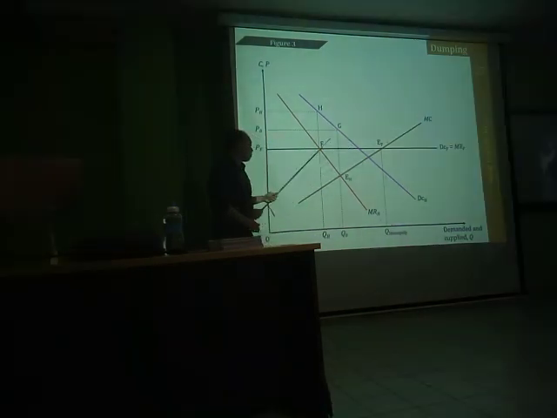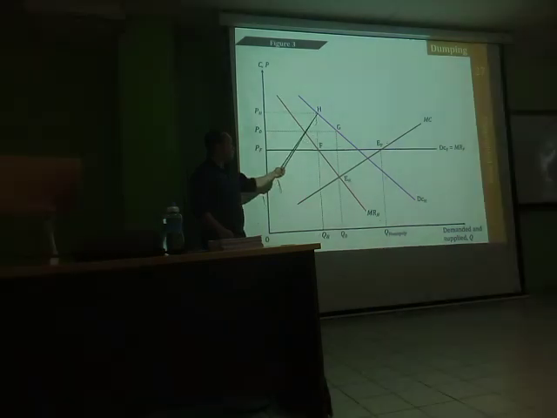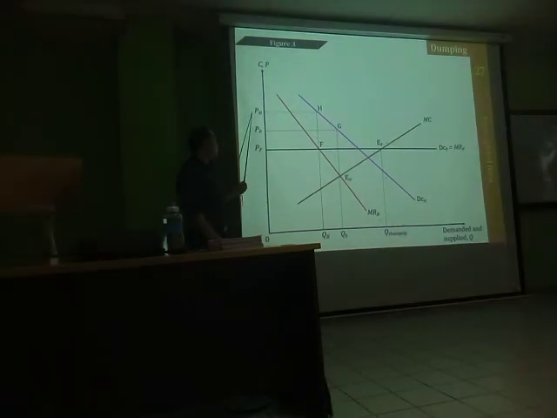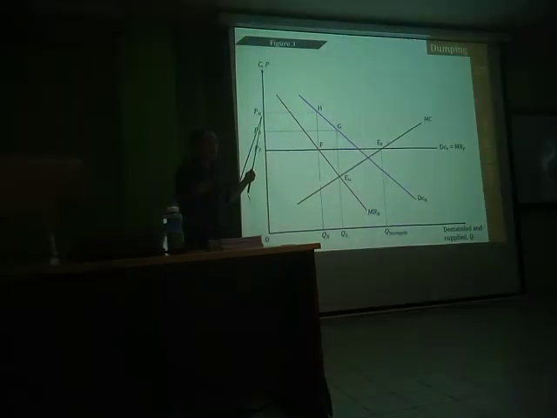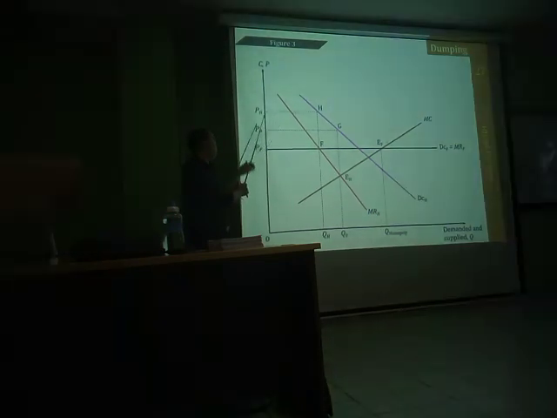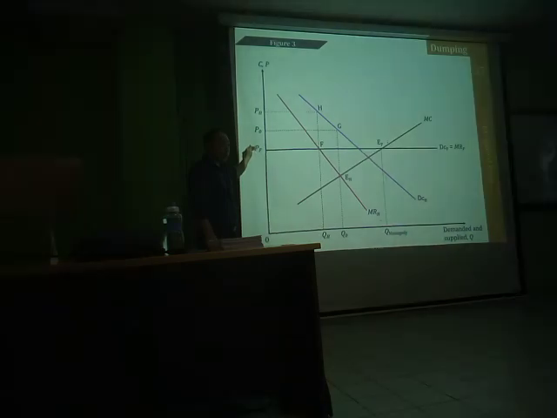Meaning that from this point, the firm will find a price right here, which is PH. So PH here will be the price for the local market. The firm will charge a higher price. You see PH is higher than PF. This is the price when the firm sells in the international market, and this is the price when the firm sells at the home market. Okay?